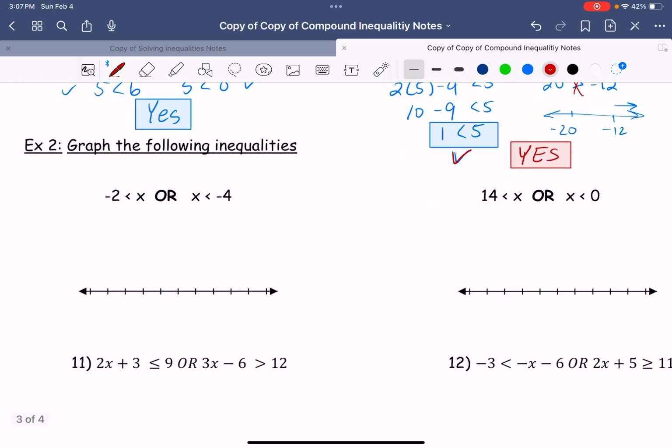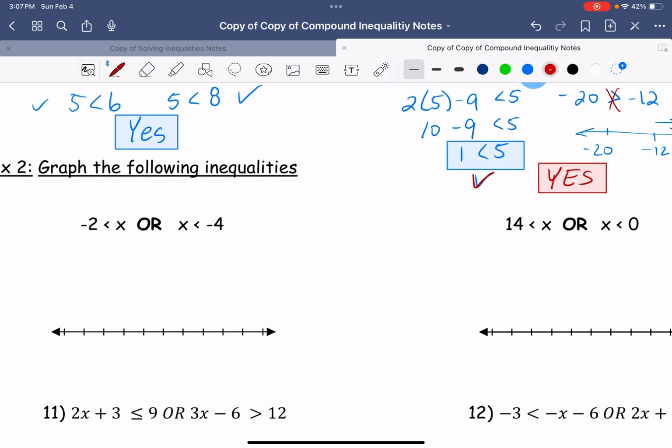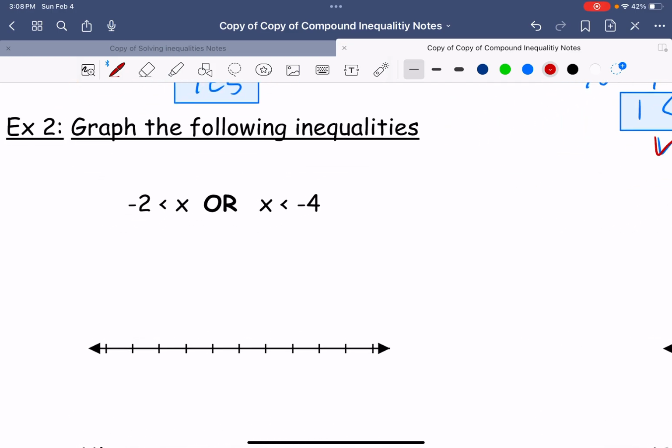All right, let's do some graphing. Let's graph this or statement. I have negative 2 is less than x. Here's negative 2, and here's negative 4. I have an open circle for both of them. x is greater than negative 2, so I'm going this direction.